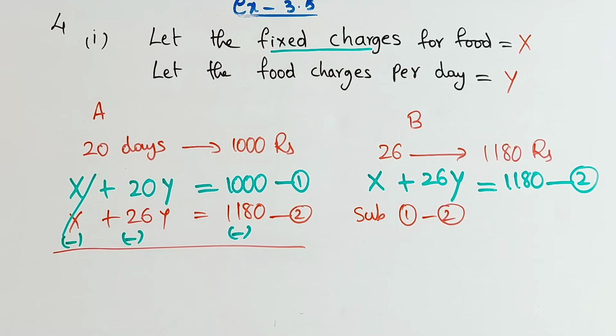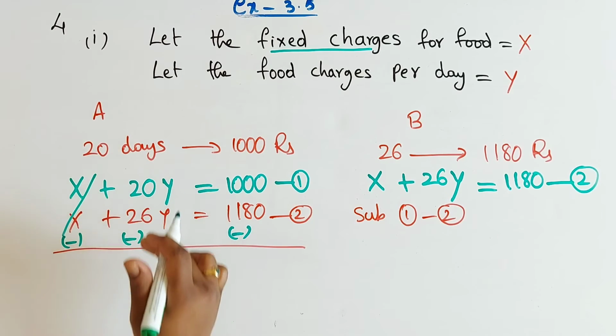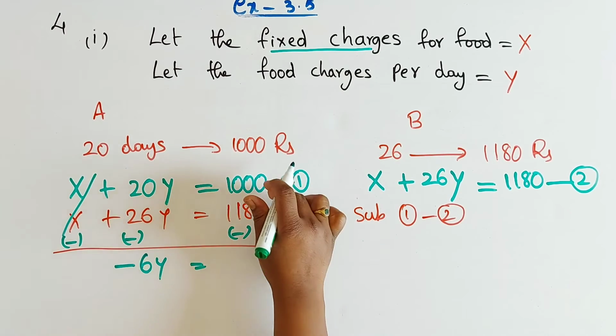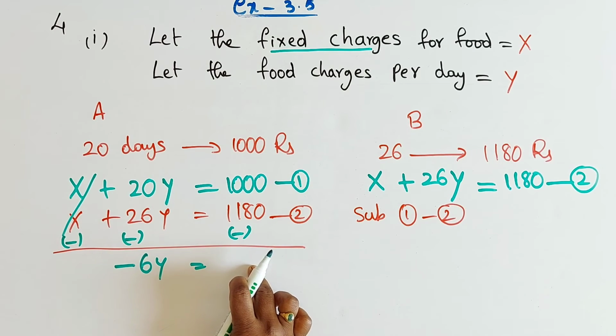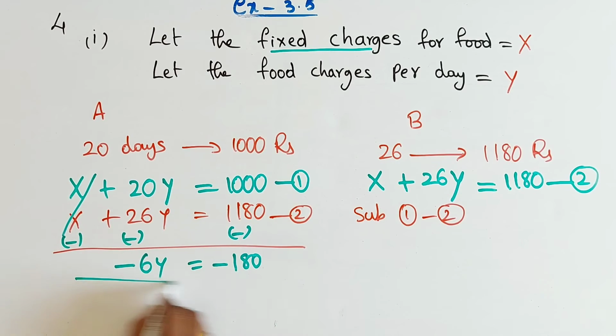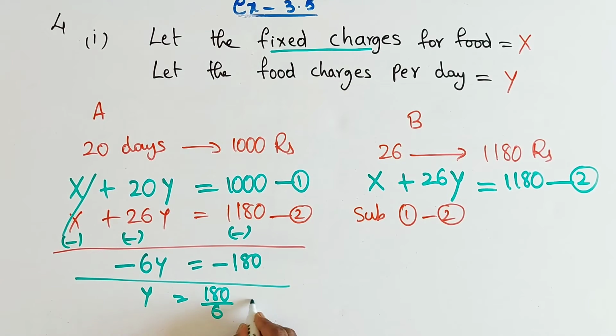X minus X will get cancelled, it is 0. 20Y minus 26Y, that means minus 6Y equal to 1000 minus 1180, minus 180. From here, 6Y equal to 180, minus minus will get cancelled. So Y equal to 180 by 6, that equals 30. That means Y, the per day charge, is 30 rupees.